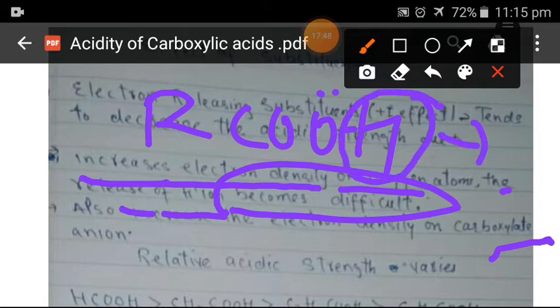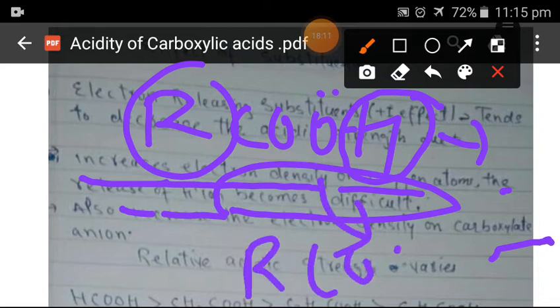This is one reason, and the other reason I have already explained: the carboxylate anion gets less stabilized because of the accumulation of more negative charge. So electron releasing substituents accumulate more negative charge on the carboxylate anion, and this decreases the acidic strength of the acid.